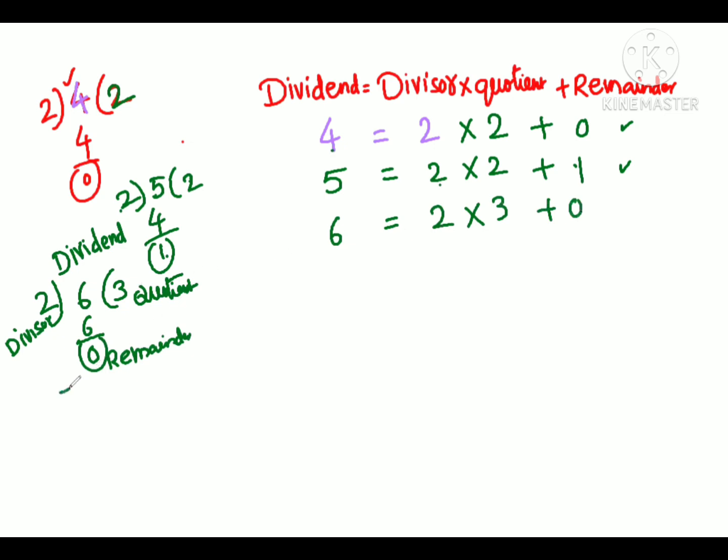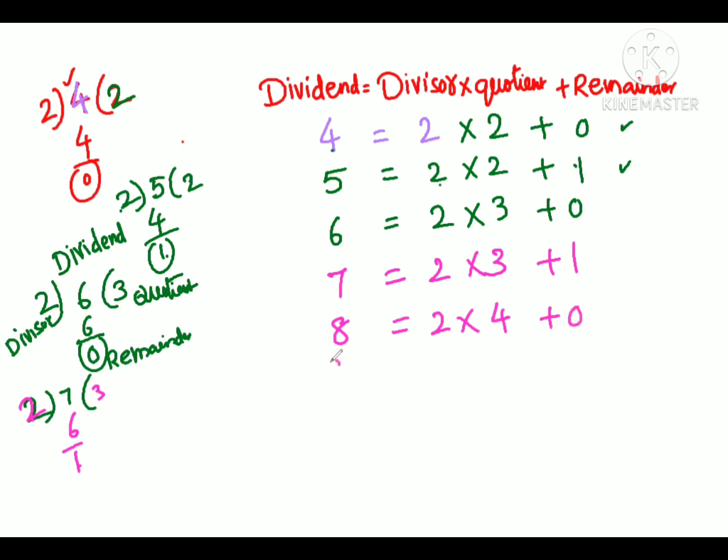The same way 7: 2 threes are 6, remainder 1. So 7 can be written as 2 into 3 plus 1. Similarly 8 can be written as 2 into 4 plus 0. 9 can be written as 2 into 4 plus 1. 10 can be written as 2 into 5 plus 0.